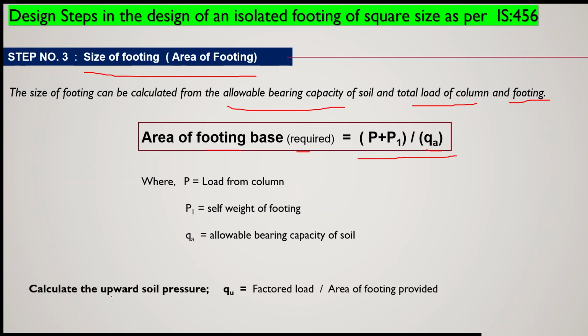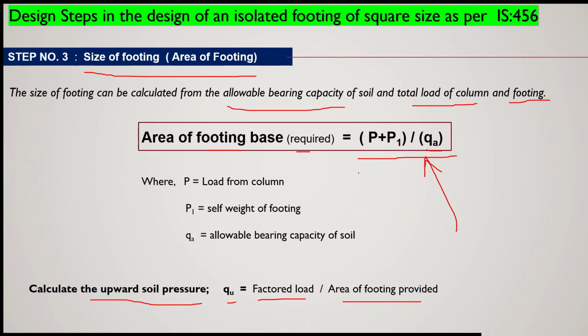After that, we will calculate upward soil pressure. So upward soil pressure is QU, that will be the factored load divided by whatever be the area of footing we have provided. First of all, we will be finding what is the area of footing required.